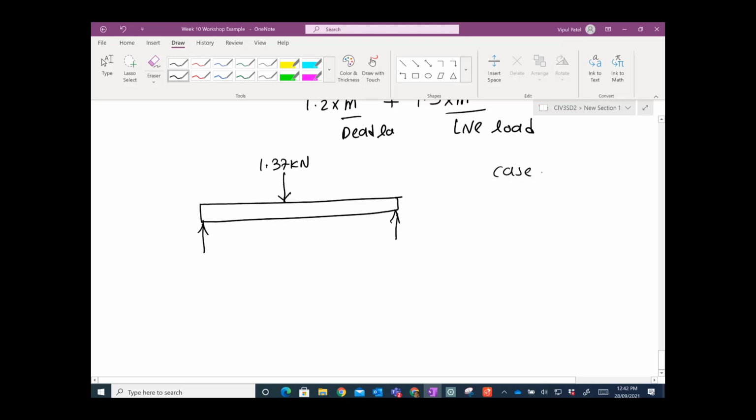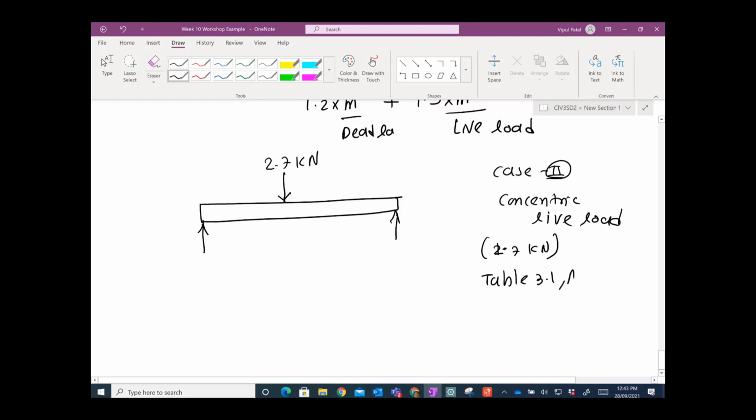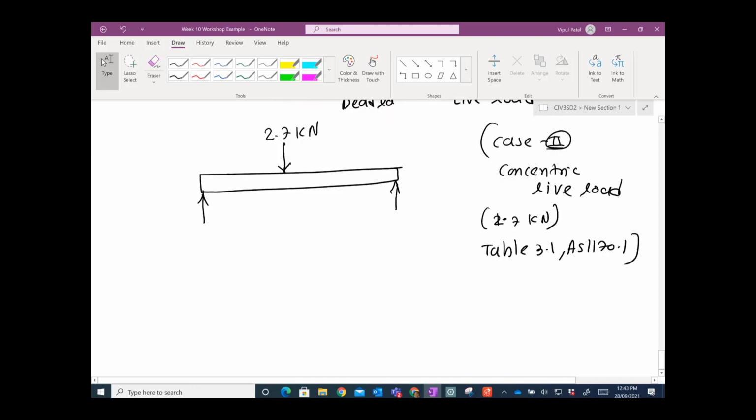So this is case number 2, where we are considering the concentrated live load, and the concentrated live load is 2.7 kilonewtons, coming from table 3.1 of AS1170.1.